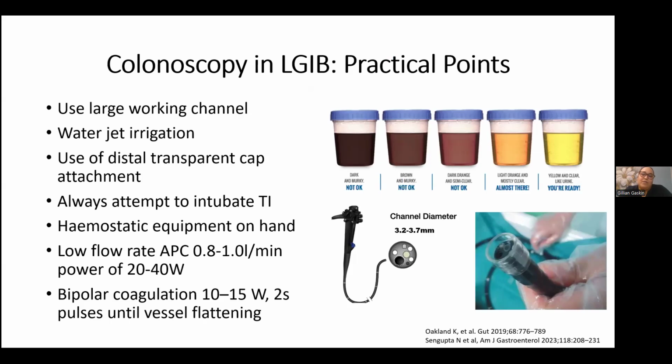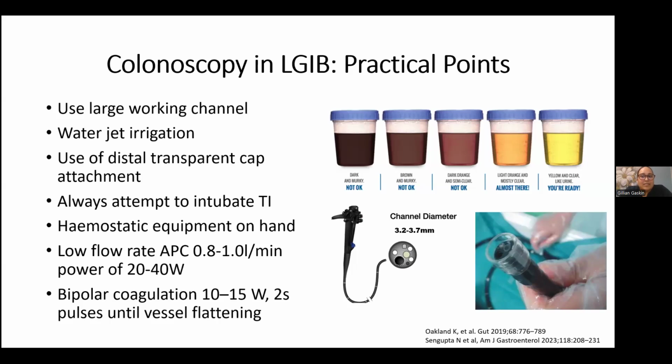So just to mention a few practical points when performing colonoscopy in a patient with a recent hemorrhage to improve overall visualization, localization, and safety. Things like the use of water jet irrigation, using a scope with a large working channel for suction and instrumentation. The use of a transparent clear cap can also help deflect mucosal folds and stabilize the tip of the endoscope and help improve visualization, and can potentially help detect subtle sources of bleeding.